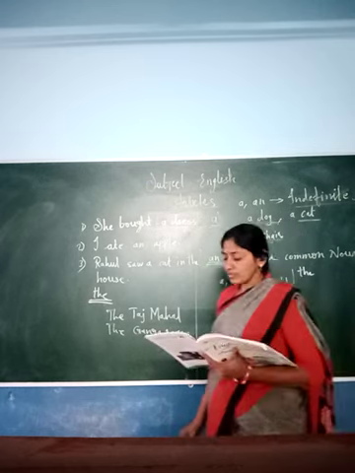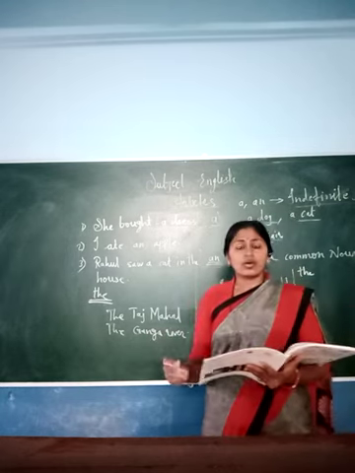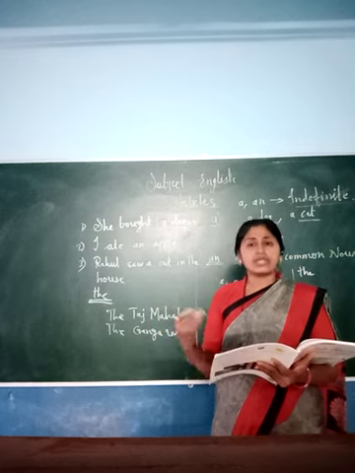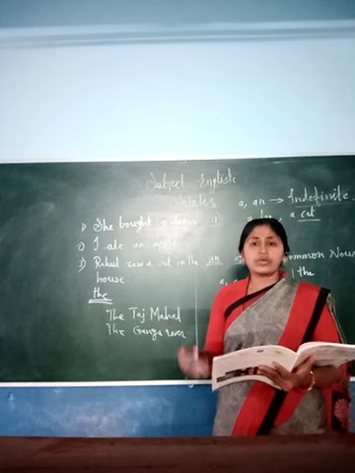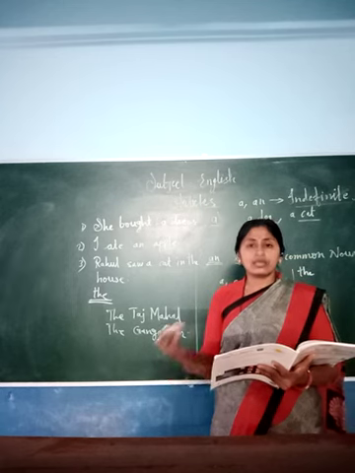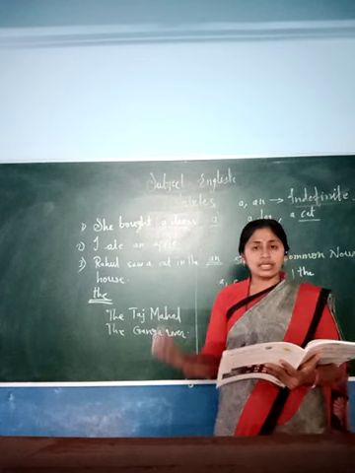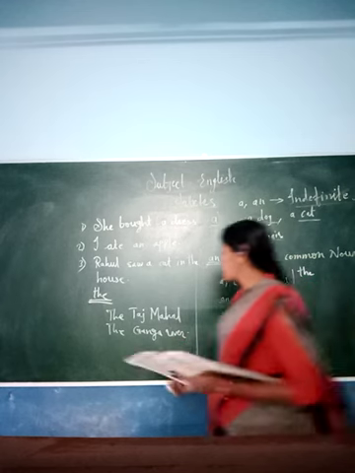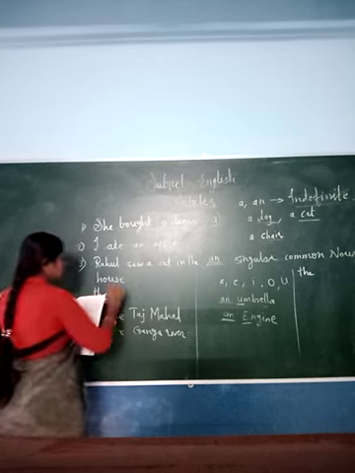Next, also we have to use the if the same object or same place or same person is repeated again. If this name is repeated a second time, you have to use the. Let us see the example. Rahul saw a cat in the house.